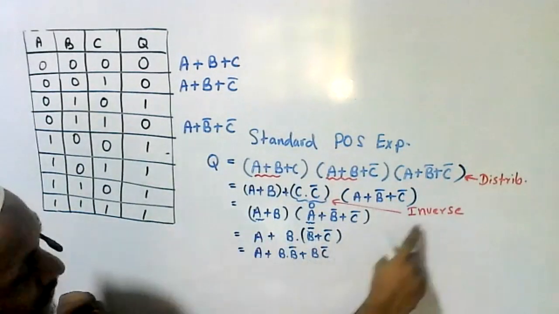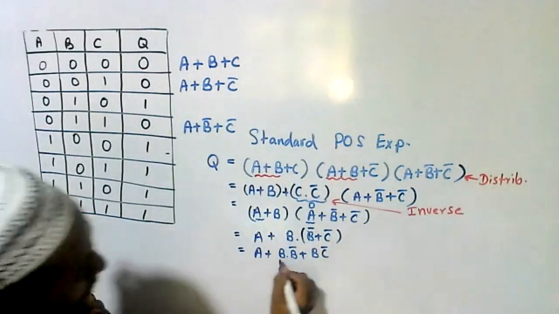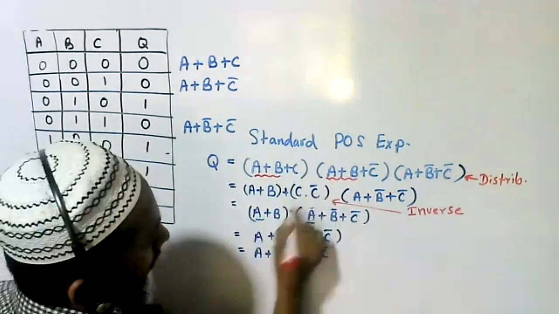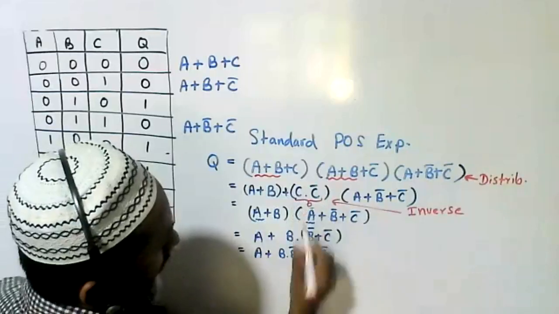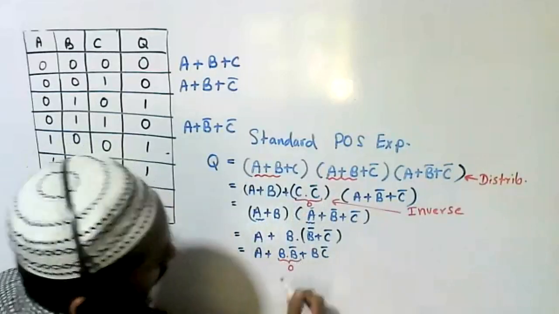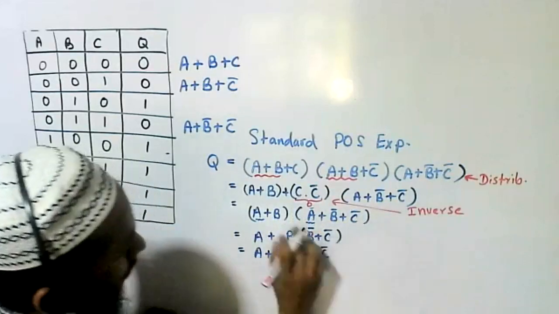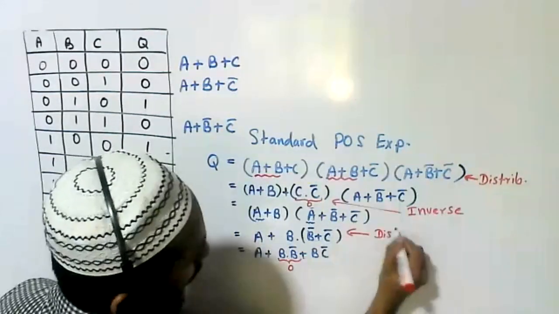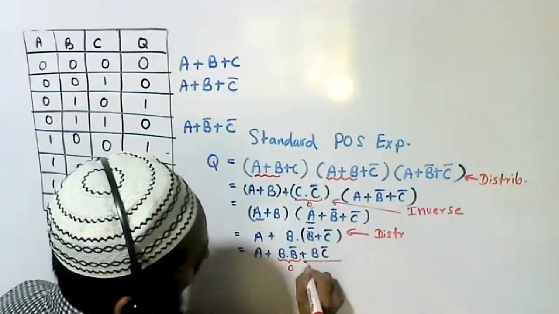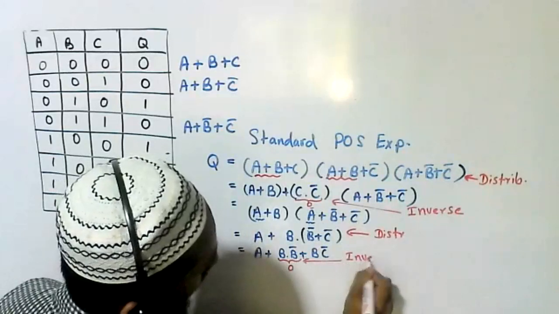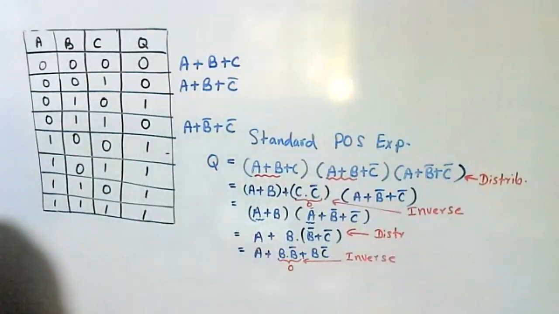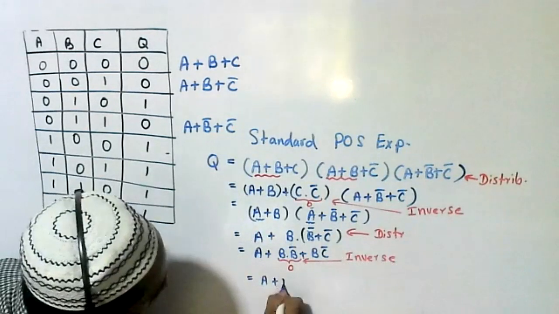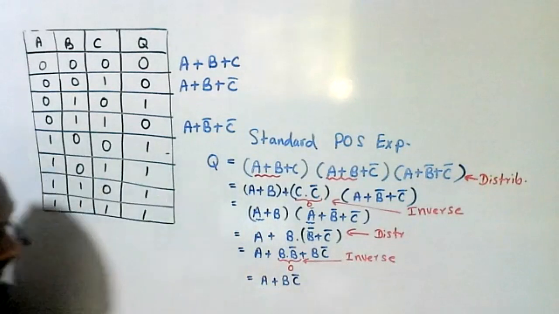B into B bar, according to the inverse law, becomes 0. So here we applied the distributive law, and here the inverse law. Then finally we are getting the answer as A + B C bar.